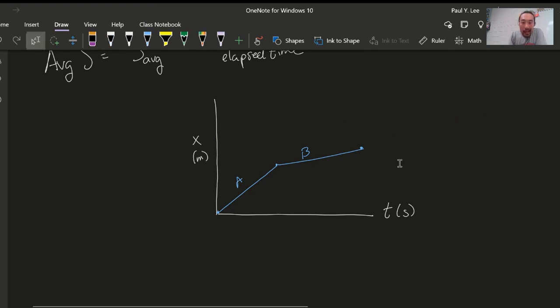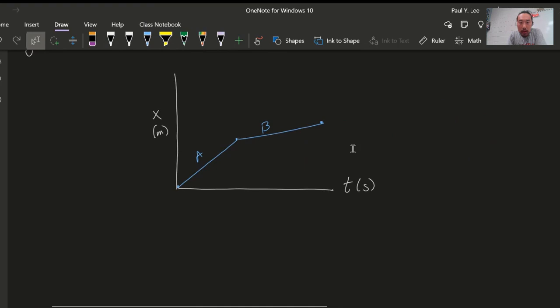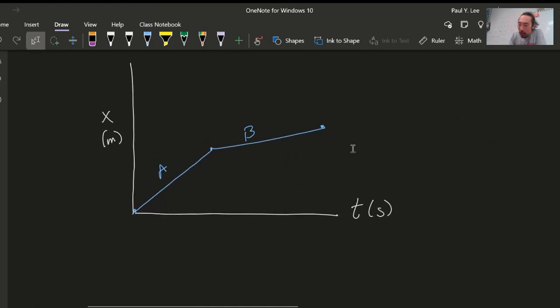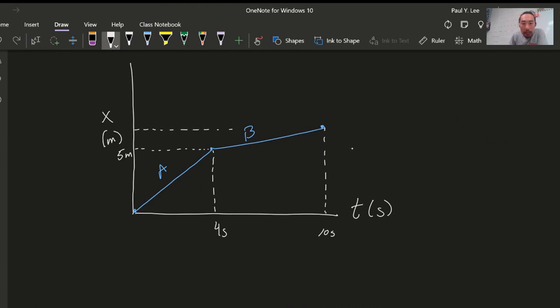So let's actually come up with a numerical example here. We'll keep it simple. This right here took 4 seconds, and this right here took 10 seconds. And when we went from A to B, let's say that position was 5 meters. And at this point, it is 7 meters.